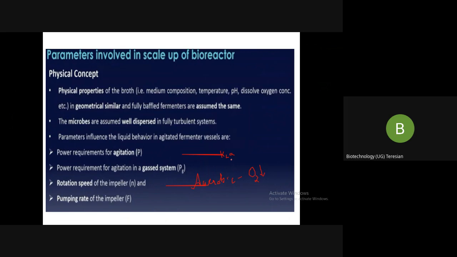So when you do the scale up, we have to keep in mind the mass transfer coefficient. That is, whatever mass transfer coefficient we had in the small reactor, we have to have the same mass transfer coefficient even in the bigger reactor. Although we cannot maintain it exactly the same, more or less it has to be the same.